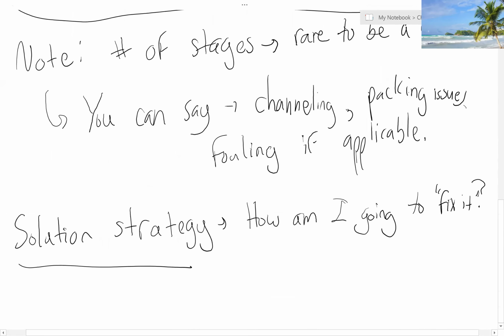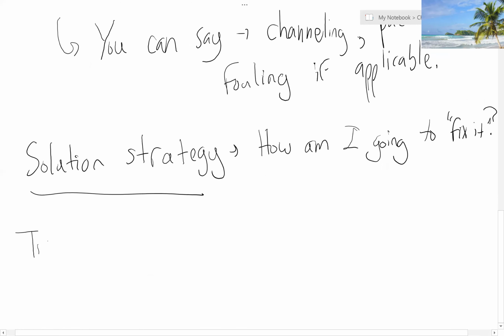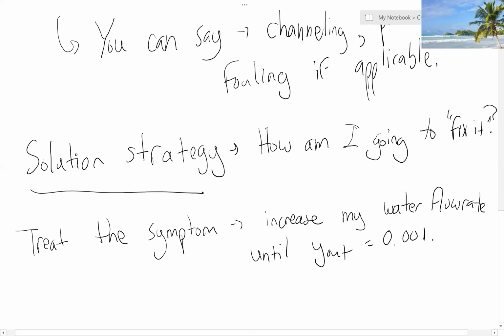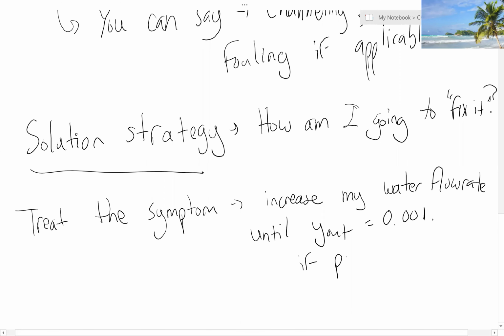So my stuff's off spec. I want to get it fixed. Well, if I want to just treat the symptom, I would simply, if possible, increase my water flow rate until Y out goes back into spec, if possible.